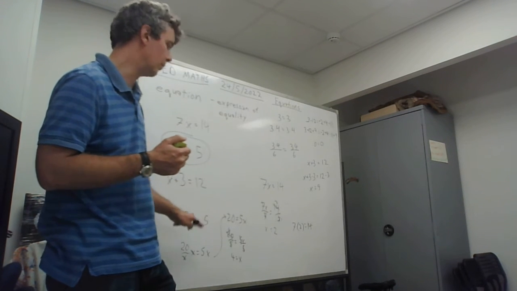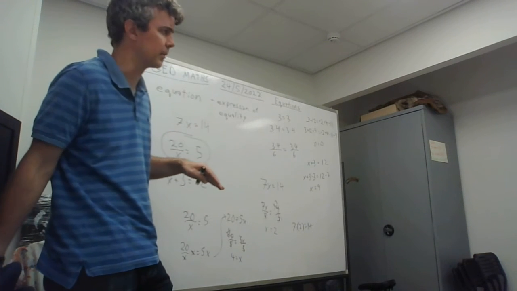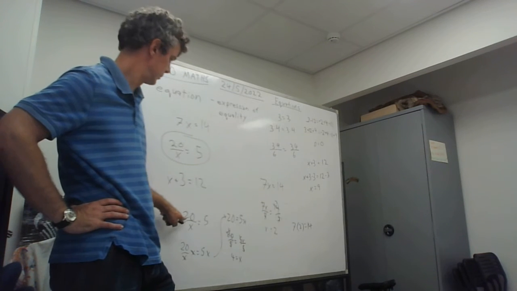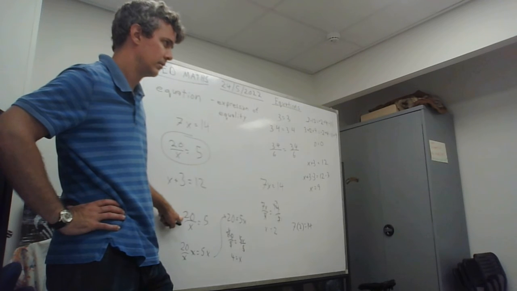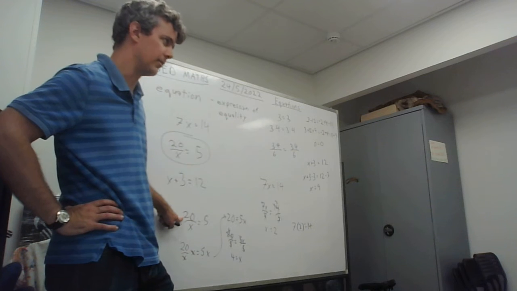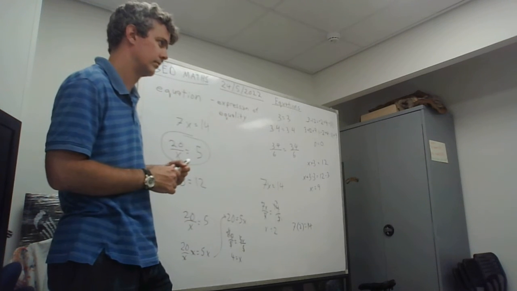But I like to do multiple steps just so we know what we're doing. Is that what you were saying, or were you trying to say something else? No, I say 20 over x times 1 over 5. Yeah, 20 over x times 1 over 5, yeah. Times x is 5x, over 5x is 4.